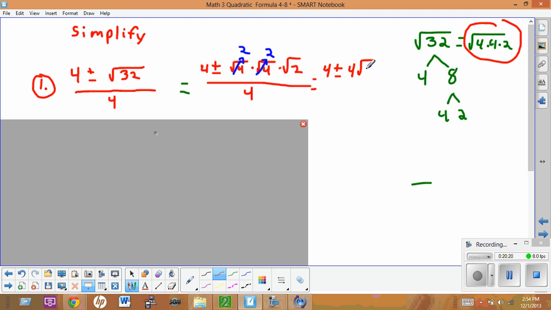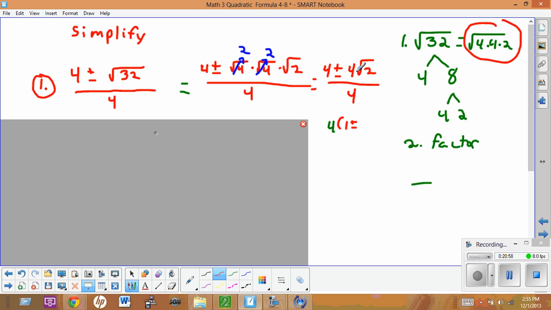Okay, our second step is, is there a common factor between 4 and 4 square roots of 2 that also divides into a factor of 4? I notice that 4 goes into both of these, so I'm going to factor out a 4. I'm going to pull a 4 out of the front. In doing so, I'm left with 1 plus or minus 1 square roots of 2 all over 4.